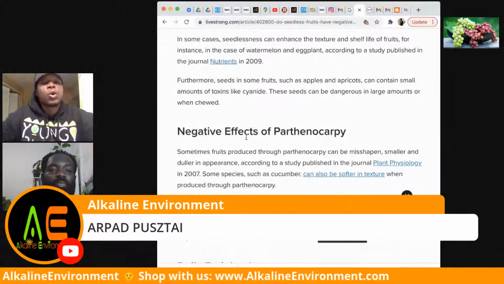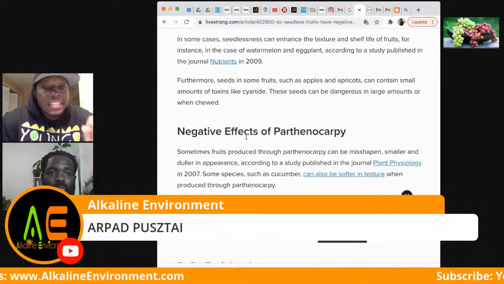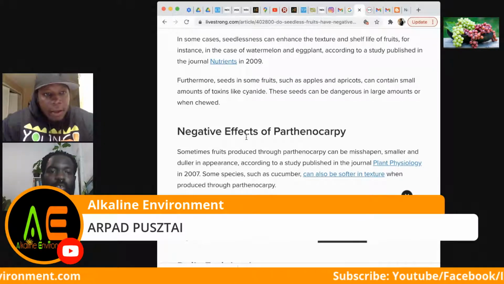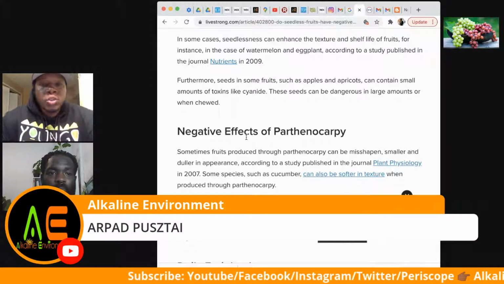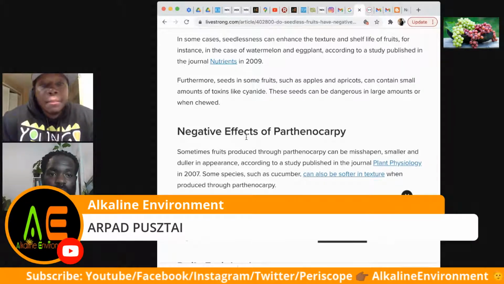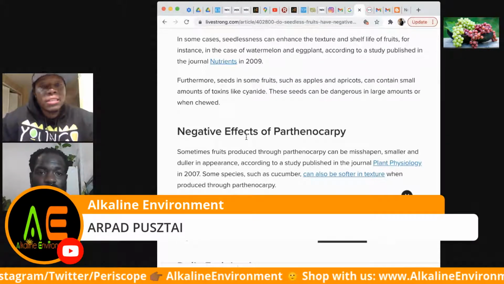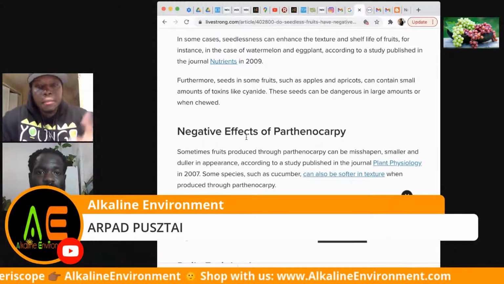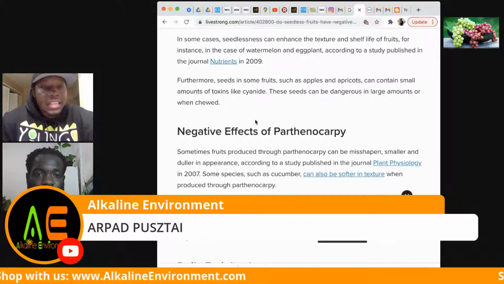In some cases, seedlessness can enhance the texture and shelf life of fruits, like you pointed out, for instance in the case of watermelon and eggplant, according to a study published in the journal Nutrients in 2009. If you look that up, it'll take you to that whole article because it's highlighted.